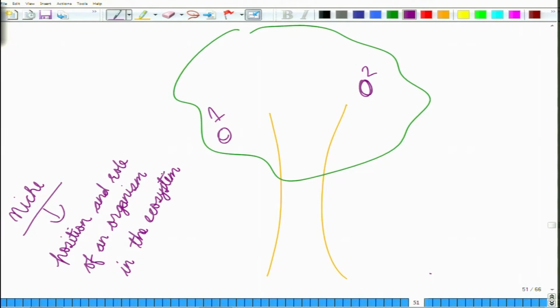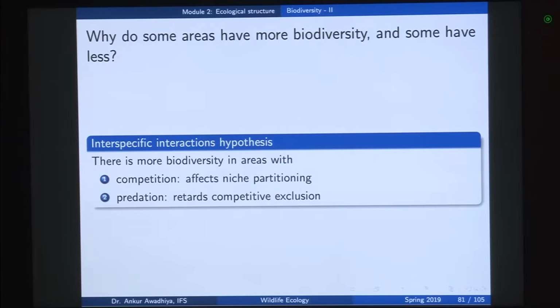Now when we say that both of these organisms are occupying the same niche, we mean that they are in the same position. So both of these are canopy dwelling birds, for instance, and they are performing the same role. For instance, both of these species are performing the role of eating fruits and dispersing the seeds. So when that happens, both of these can live in the same niche.